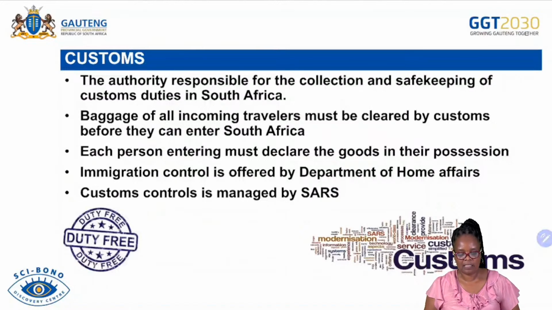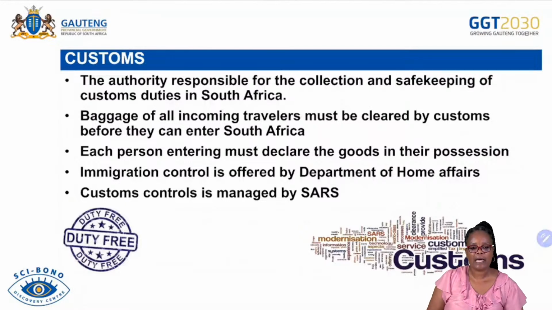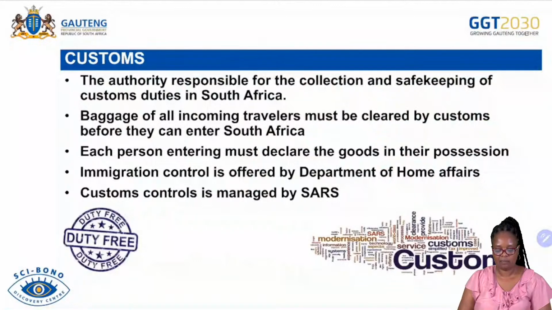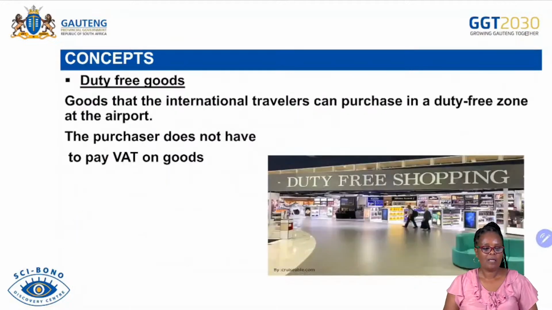Everyone must have their baggage cleared. And when you talk about the customs duties, you talk about the taxes. So duty must be payable, tax must be paid. Duty must be payable for all the goods that are entering South Africa. So SARS is collecting taxes, duty. This is the first stop for travelers when they arrive in South Africa.